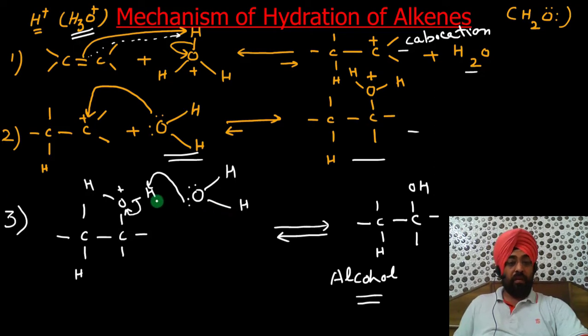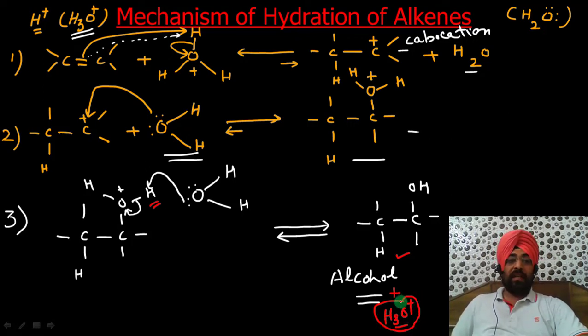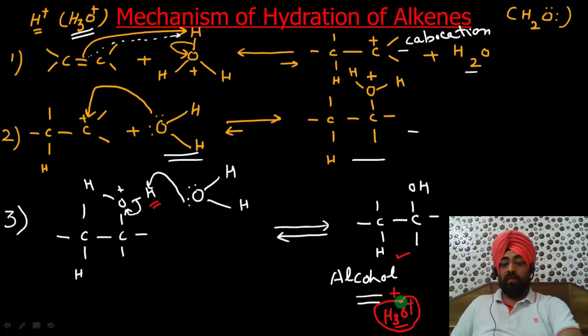It abstracts a proton, this proton from here, and you get resulting alcohol, and obviously you will get plus H3O positive. Now you can see this is again acid is regenerated, so it acts as a catalyst. So this is the general mechanism of this reaction. So it is quite simple.